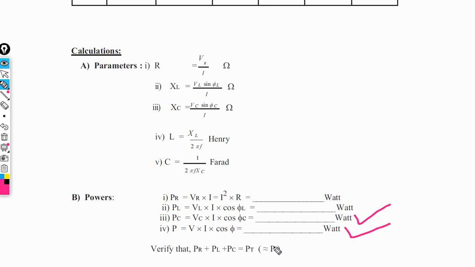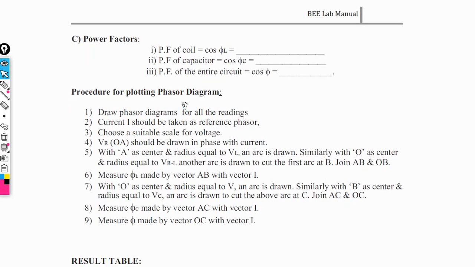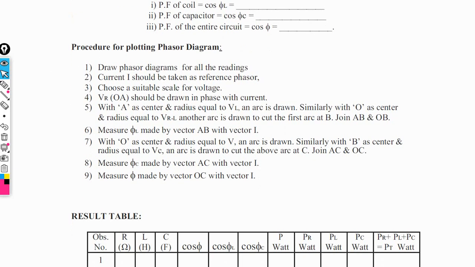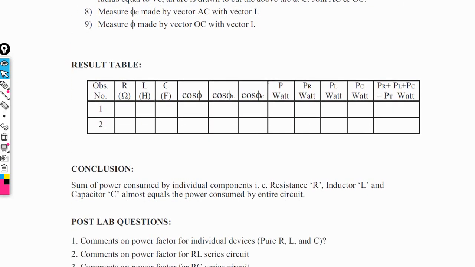Now this is the important parameter: PT is equal to PR plus PL plus PC. Okay, this is the important formula needed in the RLC circuit. Then also these are the important procedure needed in the RLC circuit, and this is the result table and this is the observation table.